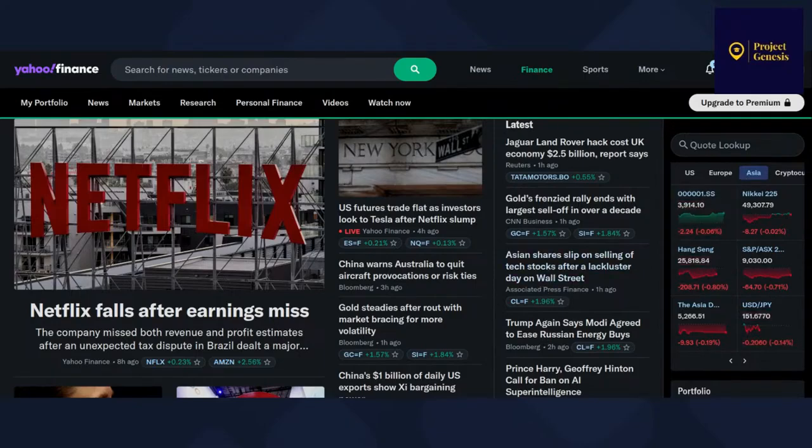Negative on the Japanese Nikkei 225, the Hong Kong 50, and the Asian 200. Mixed on cryptocurrency, positive on Bitcoin, negative on Ripple and Ethereum and Solana.